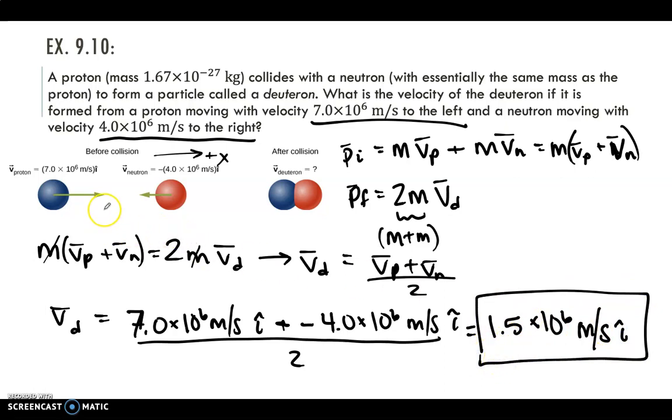So it will be moving to the left, which in this case apparently is the positive x direction. I'm actually kind of surprised that they did that, but I'm trying to follow the book. So this is our final velocity.